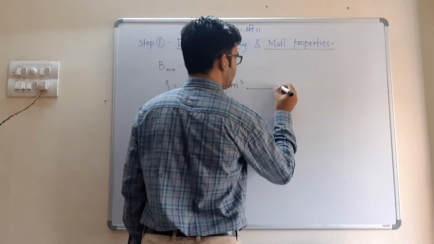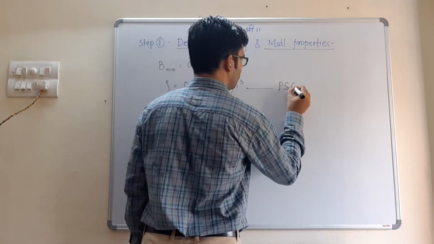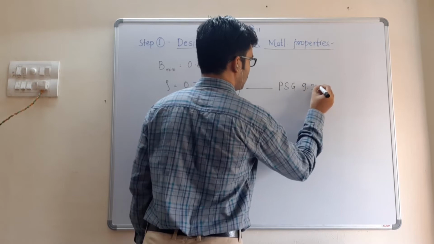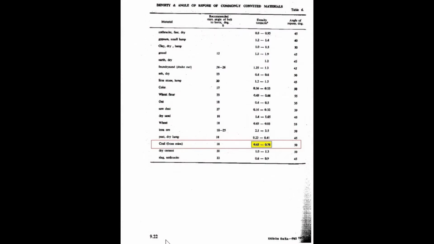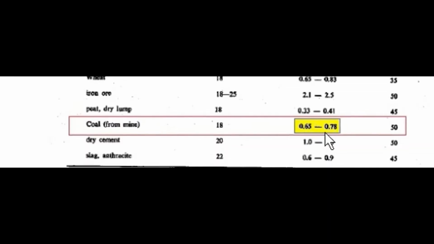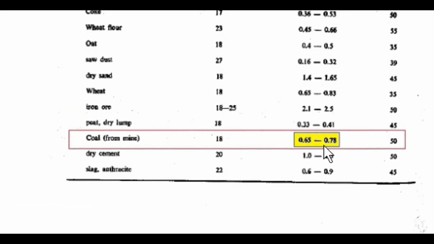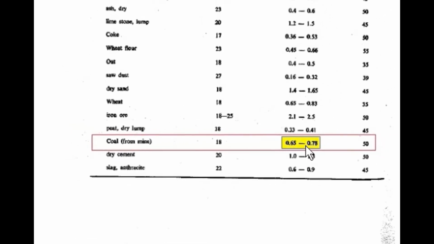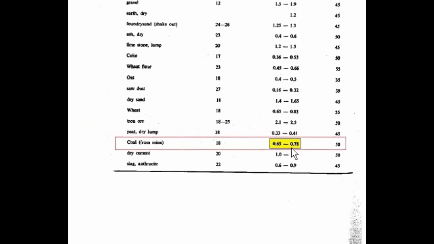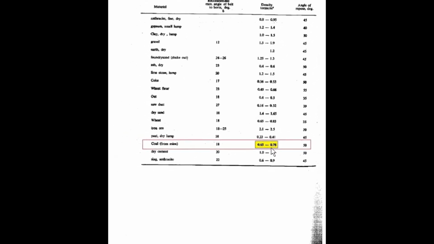Here again this value is given in the data book, so refer PSG 9.22. From the data book 9.22, for the given material coal we have this density in tons per meter cube in the range of 0.65 to 0.78. Now you can take any value in the range, so I have selected 0.75. You can consider it as 0.72 or 0.75 also. That depends on you. It will just change your answer.